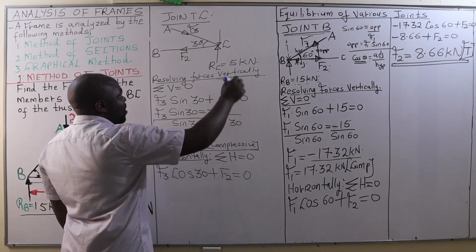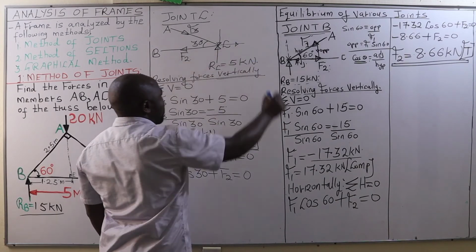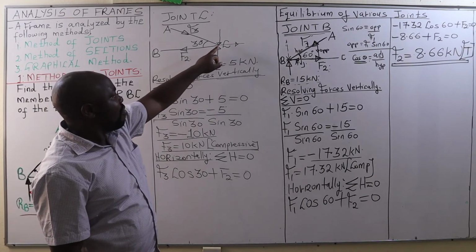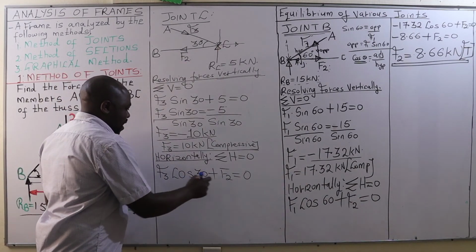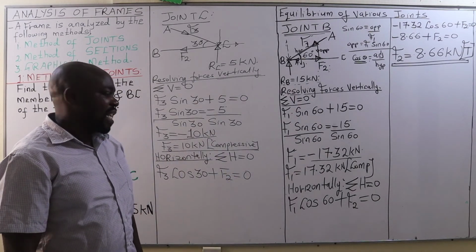Now, F3 cos 30 will be a horizontal force. F2 is also a horizontal force, both being subjected at joint C. And therefore, when you add the two horizontal forces, the summation is equated to 0.